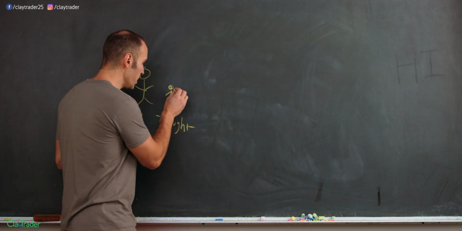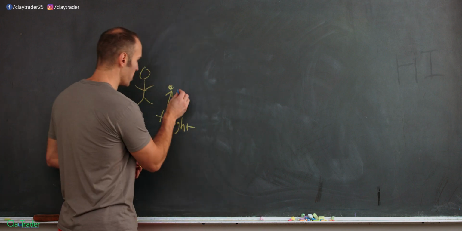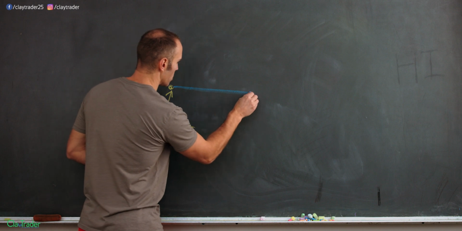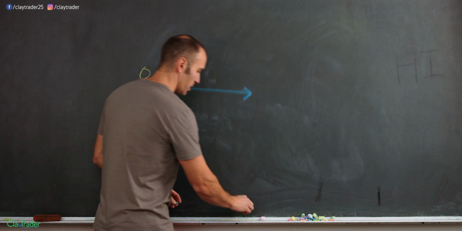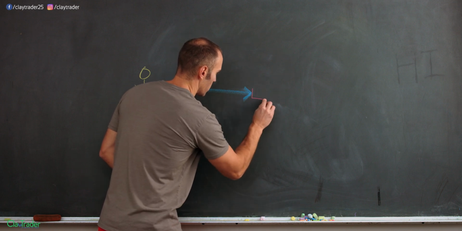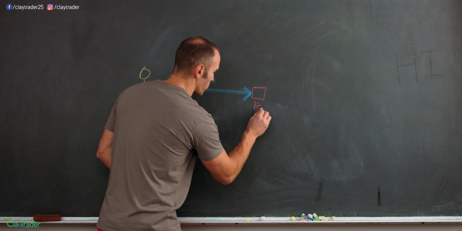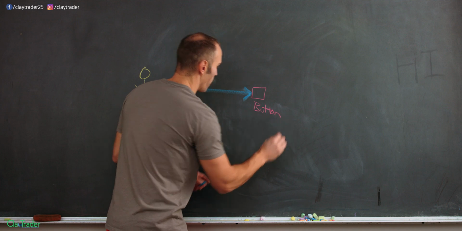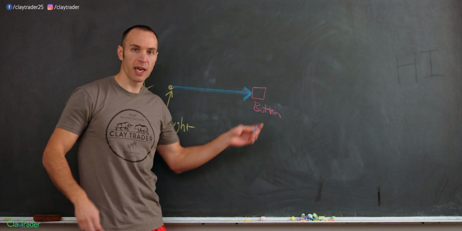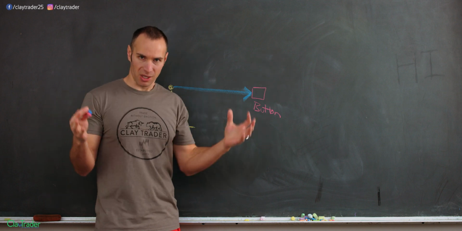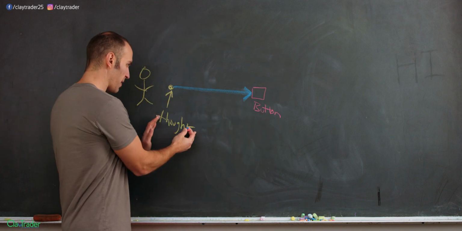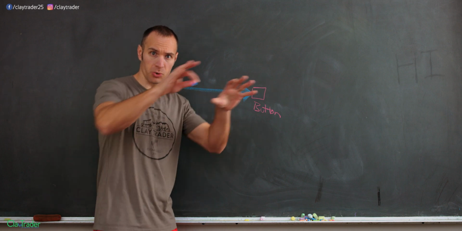But in order to implement the thought, in order to put the thought in motion, you need to do what? Well, you need to come over here and you need to hit some sort of button. That could be a buy, that could be a sell, that button could represent a bunch of things. But the point being, you have a thought, but in order to turn the thought to reality, you need that button.